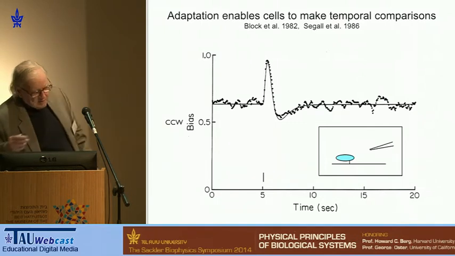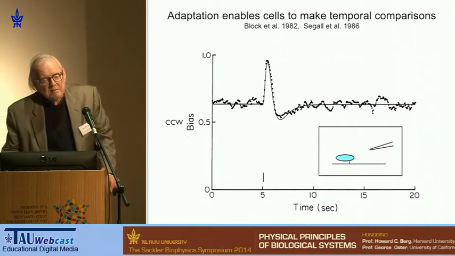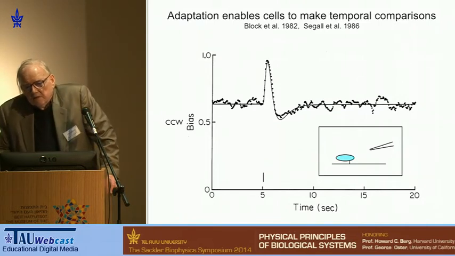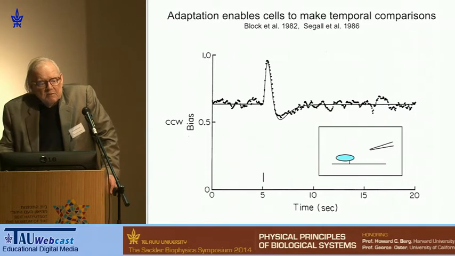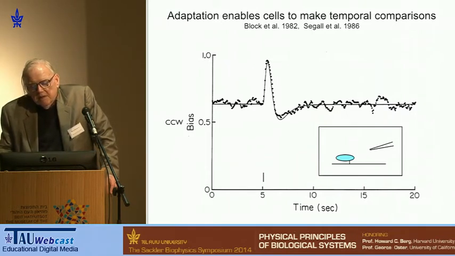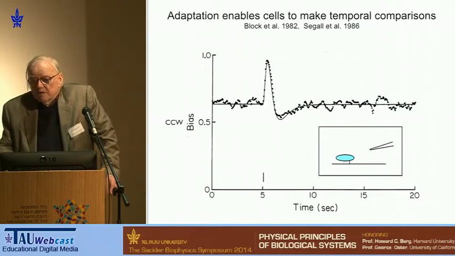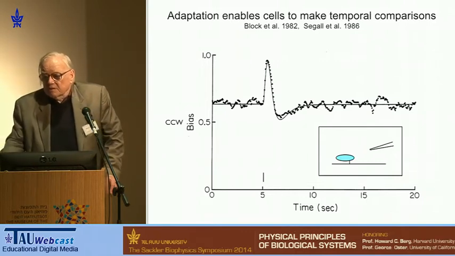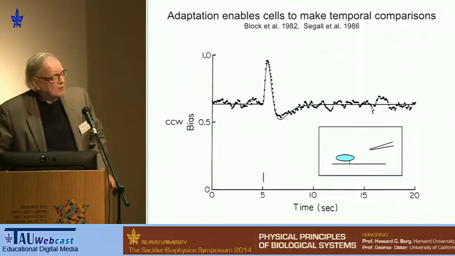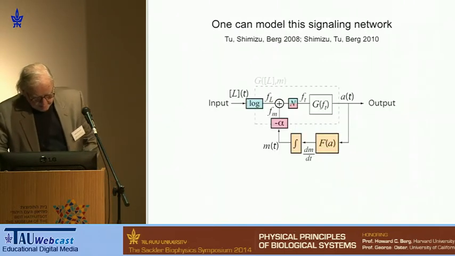So the take-home lesson is that what E. coli is doing is measuring what's going on in the environment over the past second, and then looking up what it found for the previous 3 seconds, and responding to the difference. So it has a short-term memory, about 4 seconds long, which enables it to play this game.